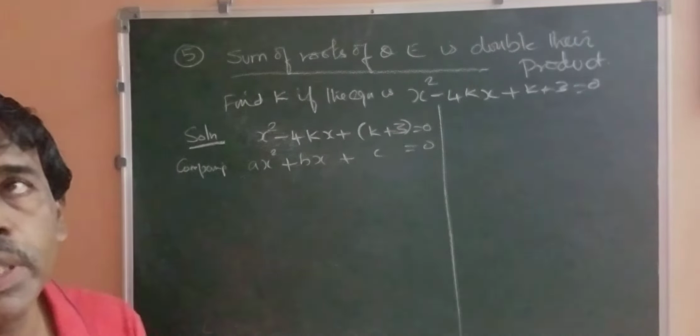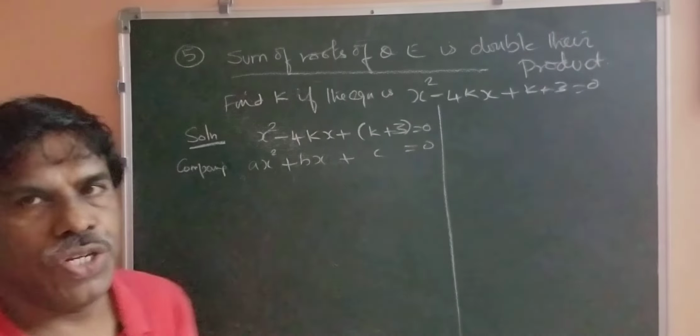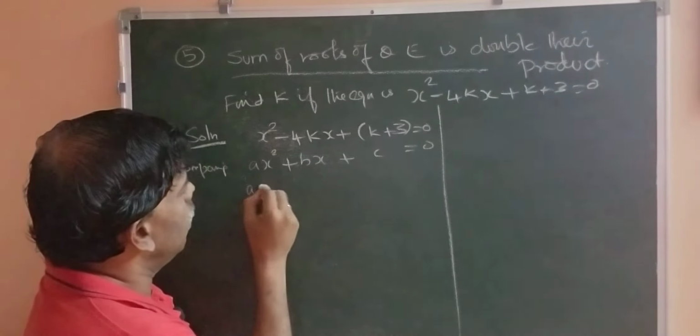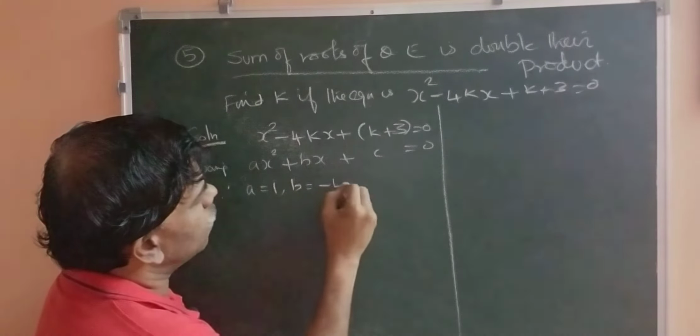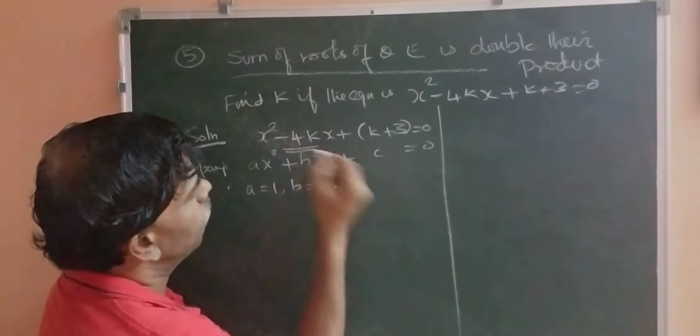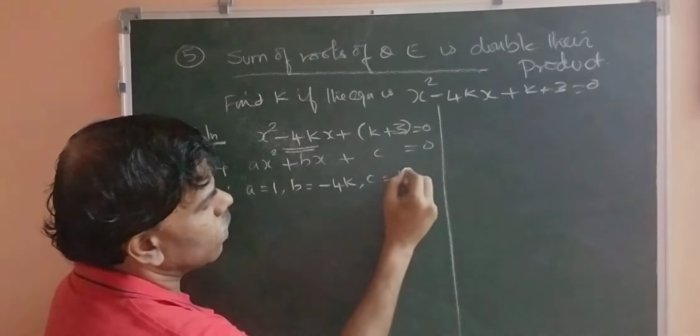We are comparing with the standard quadratic equation. So we are going to get a equal to 1, b equal to minus 4k, c equal to k plus 3.